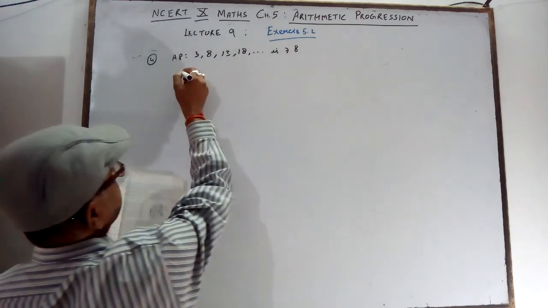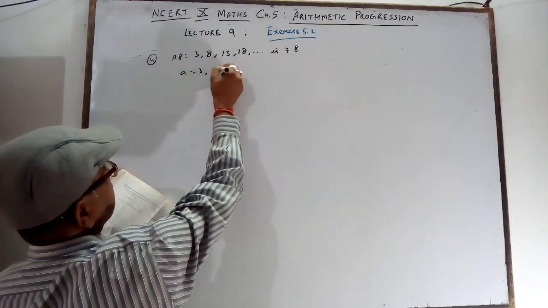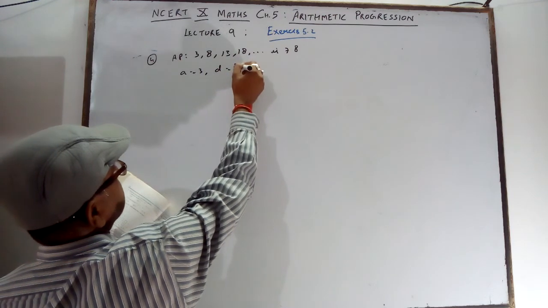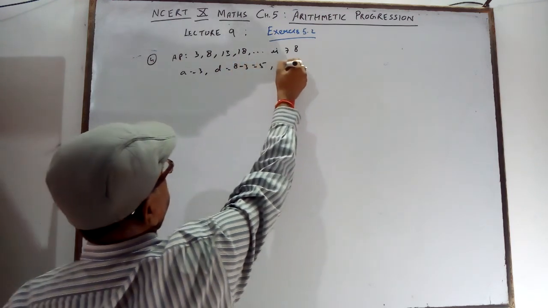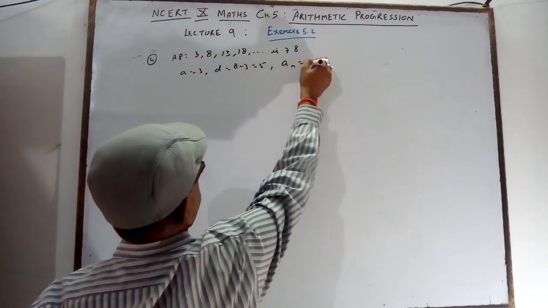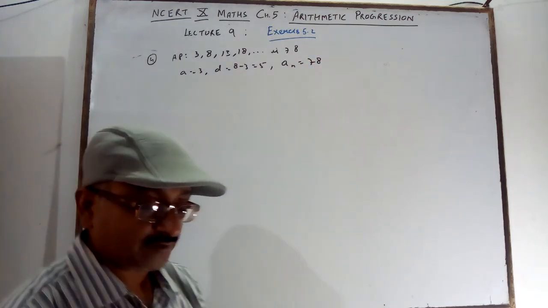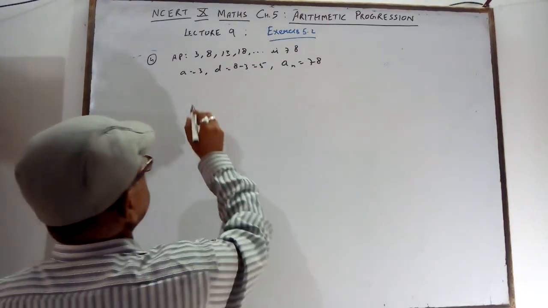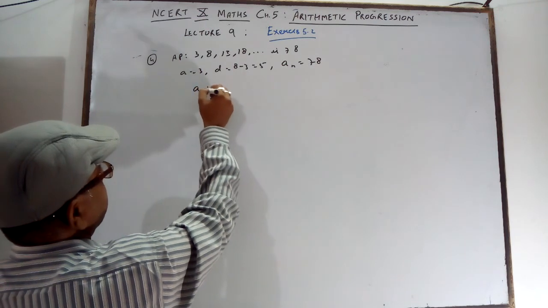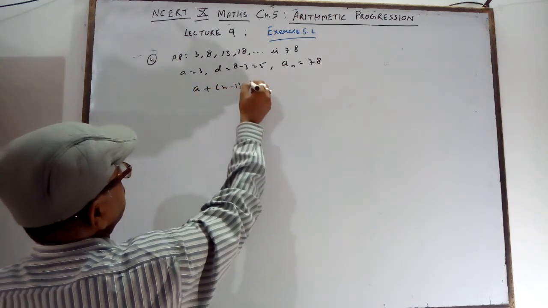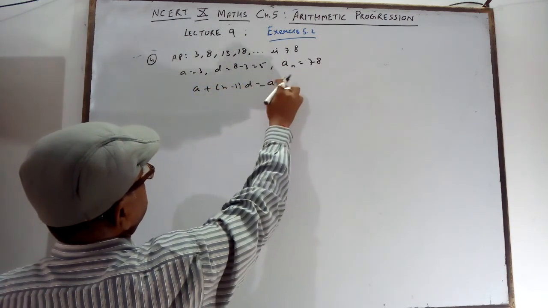The question is given: A is 3, D is 8 minus 3, that is 5, and AN is 78. You want to find N. The formula is A plus N minus 1 into D is equal to AN.